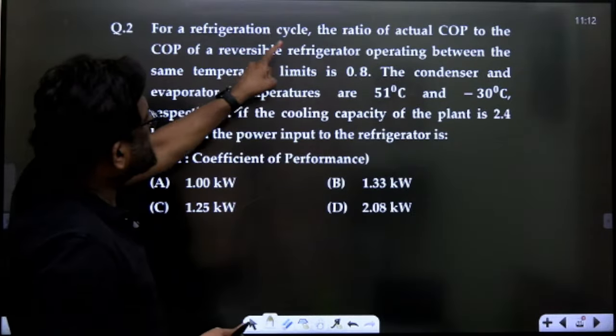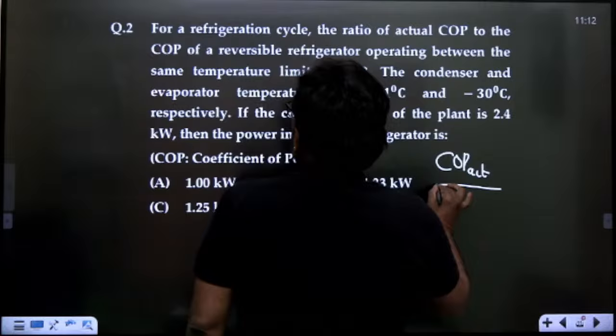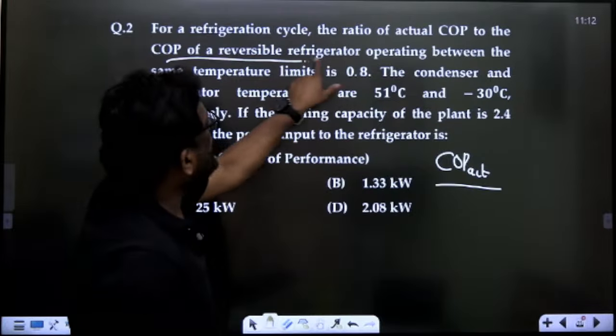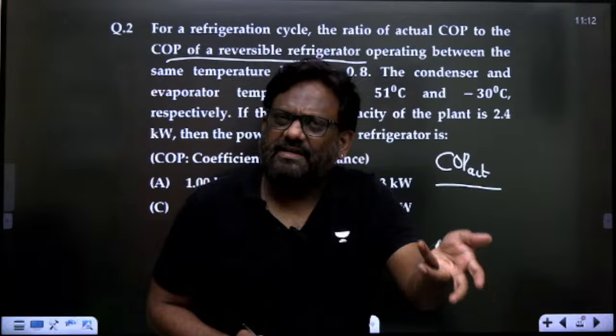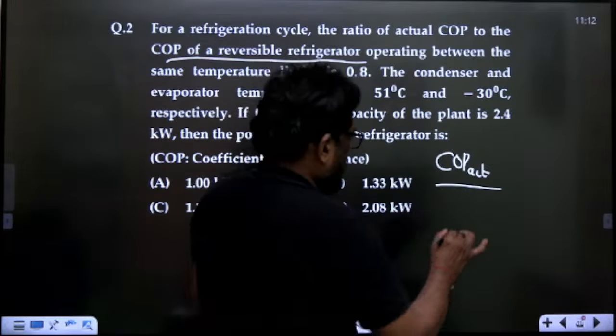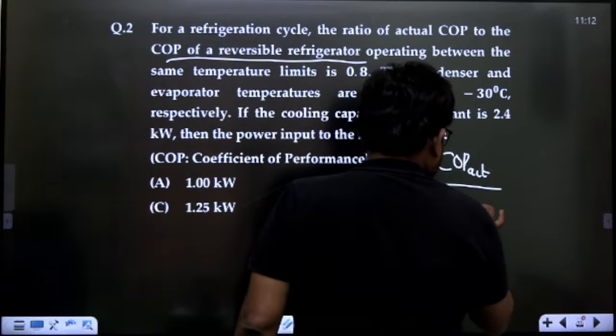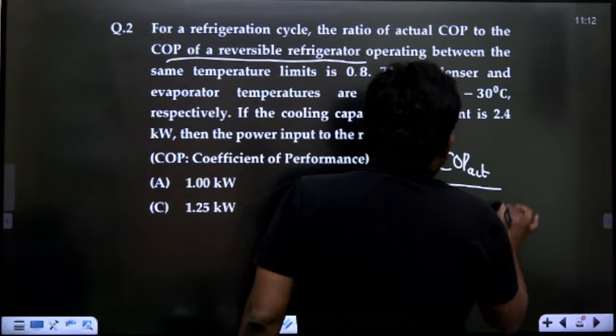For a refrigeration cycle, the ratio of actual COP to the COP of a reversible refrigerator. What do you mean by reversible refrigerator? It is a Carnot refrigerator, which is nothing but maximum COP. And that is given as 0.8.